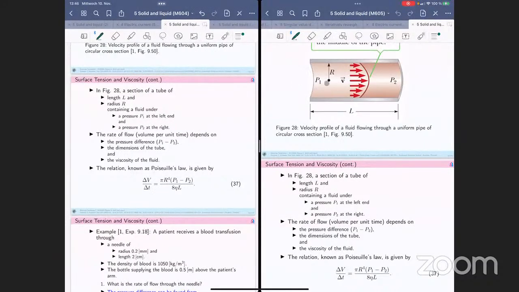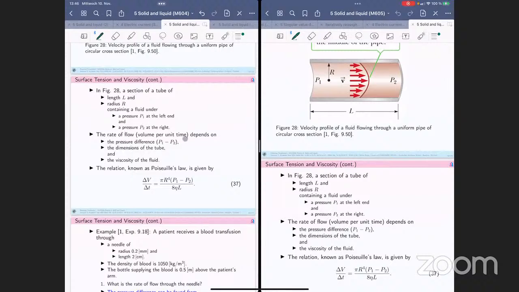Okay, here we have P1 and a pressure P2 on the right. At the right side we have P2. On the left side we have P1. Okay, this is measurement of R.